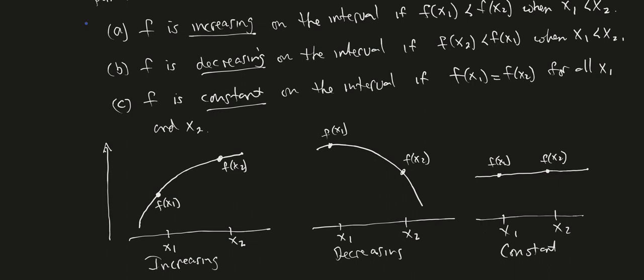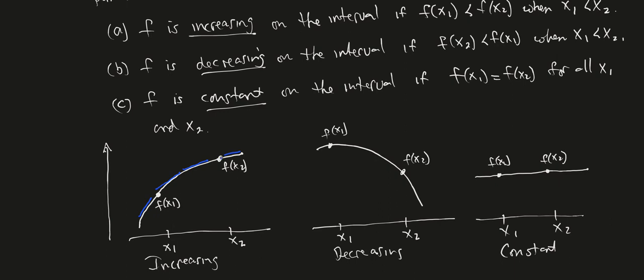Now, as far as how this relates to the derivative, notice on this, even though I highlighted these two specific points, at any point here, if I draw the tangent line, as long as the graph is going up, these tangent lines are sloping upwards, right?